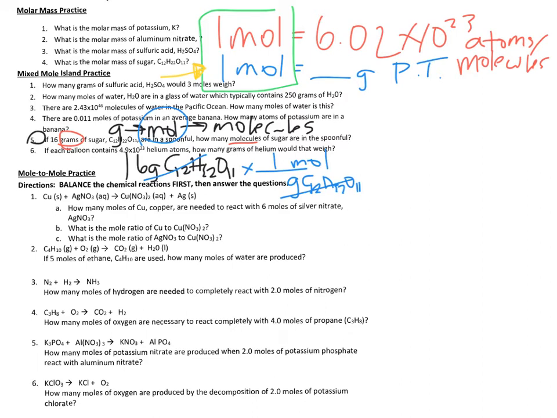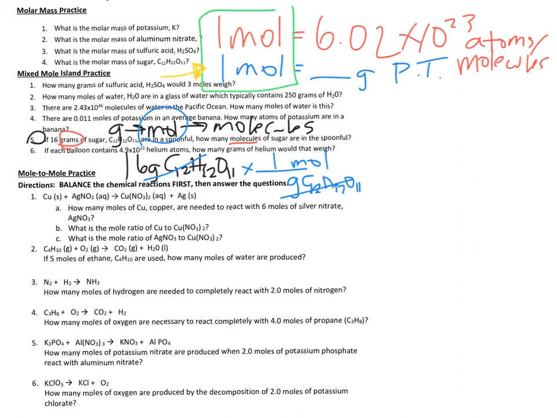So what that means is we have to look up on the periodic table and count up the mass of 12 carbon atoms, plus 22 hydrogen atoms and 11 oxygen atoms. So on our calculator, we need to do 12 times 12.01.